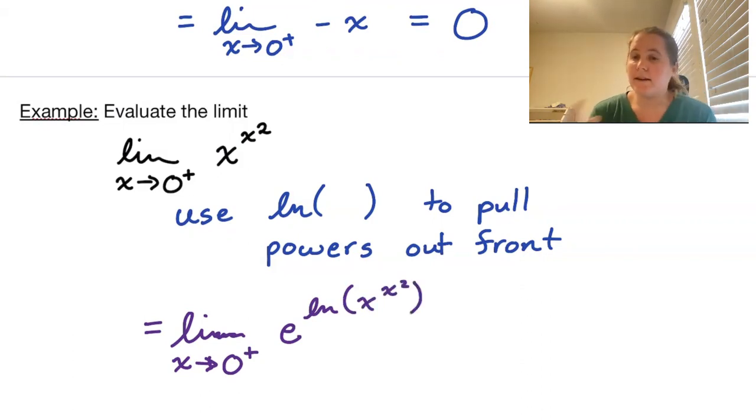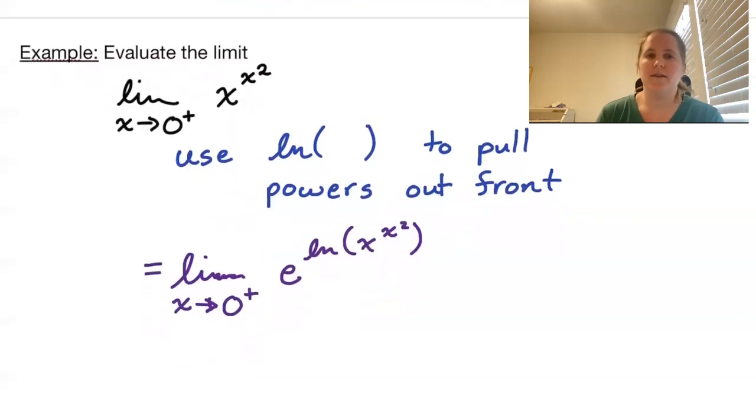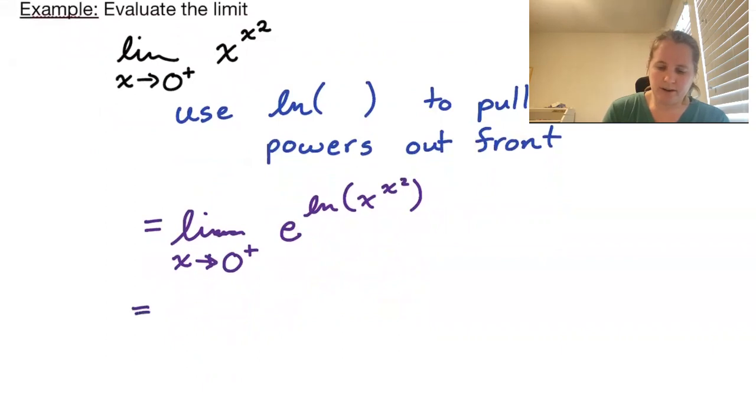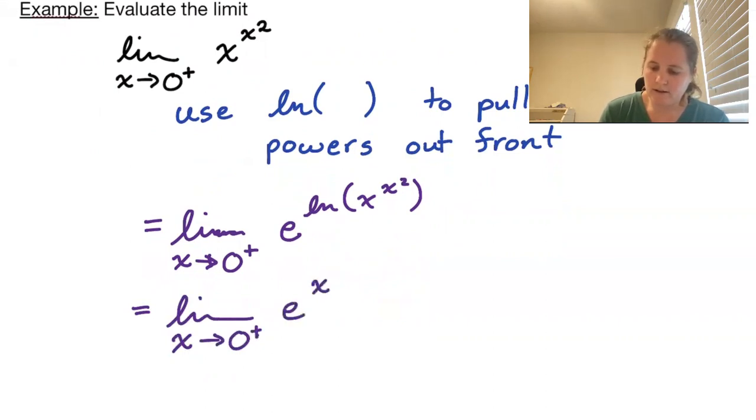Right? Again, e to the natural log, those are inverses of each other. So if we apply them, that is just the same as x to the x squared. Now, if we pull that x squared out front, we're looking at the limit as x approaches 0 from the positive side of e to the x squared times the natural log of x.